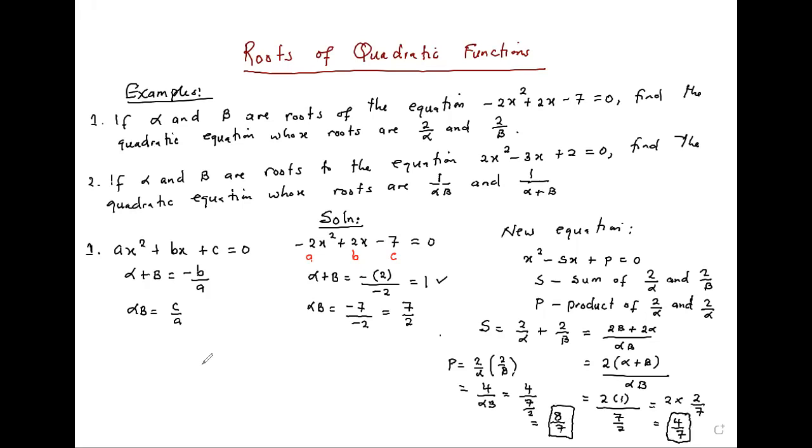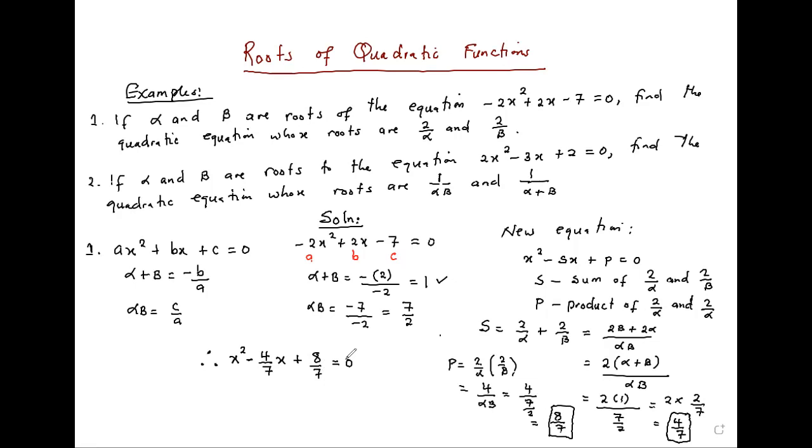Therefore, the new equation is x squared minus s, which is 4 over 7, x plus p, which is 8 over 7, is equal to 0.